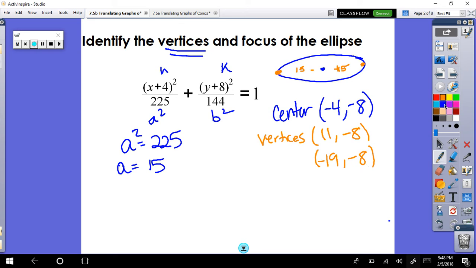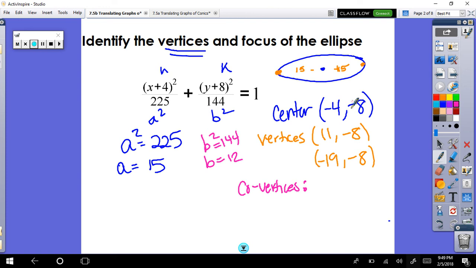Then for an ellipse, I have my co-vertices. It doesn't ask me for that in this particular example, but the co-vertices would move plus or minus b units from the center on the y-axis. So you'd go up 12 or down 12 from the -8 point. So b equals 12.